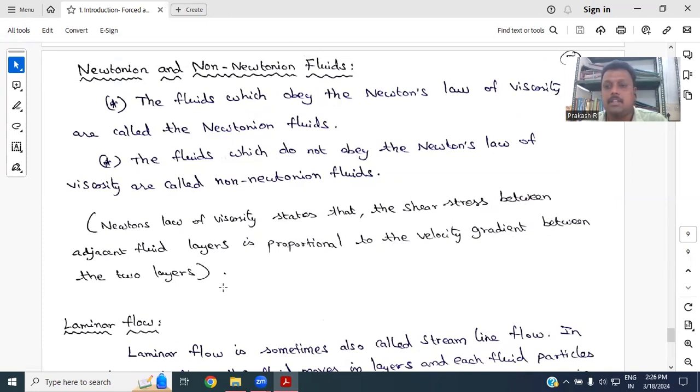The shear stress between the two layers is always directly proportional to the velocity gradient of the two layers. That is given in the law called Newton's law of viscosity. If the fluid obeys Newton's law of viscosity, it is called a Newtonian fluid. If it does not obey Newton's law of viscosity, it is called a non-Newtonian fluid.